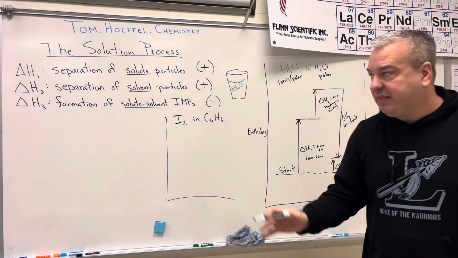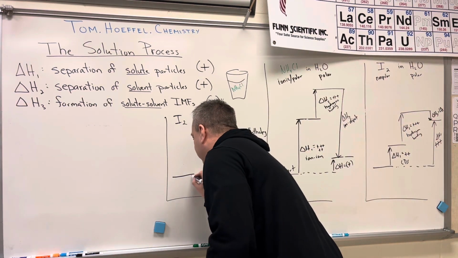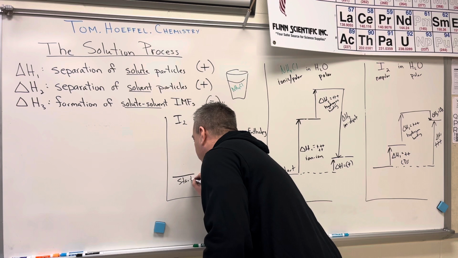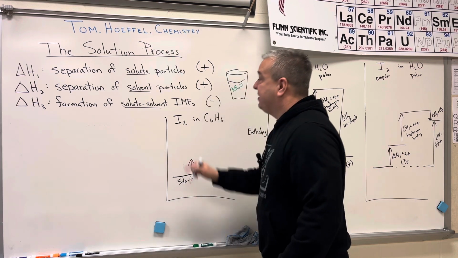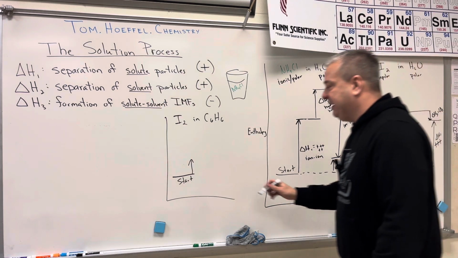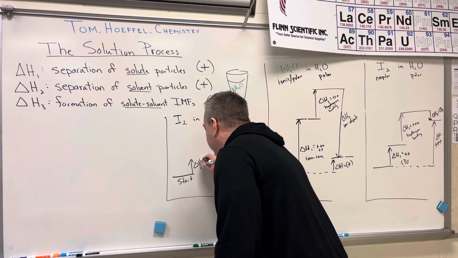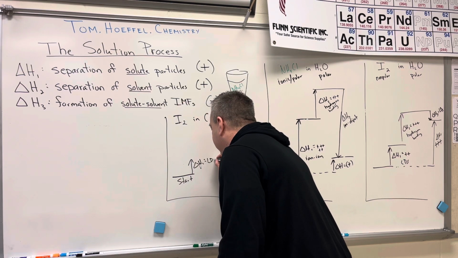Okay, let's take a look at the enthalpy diagram. I had to make it a little bit smaller, but I think you guys will get the point. Okay, so here we go. We're going to start out. To separate the iodine, it's going to be small. It's just going to be LDs, London dispersion forces. So delta H1 is going to be LDs.